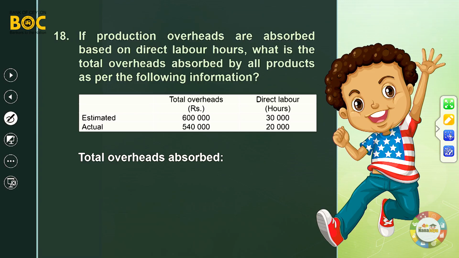Question number 18. If production overheads are absorbed based on direct labor hours, what is the total overhead absorbed by the product based on the following information?